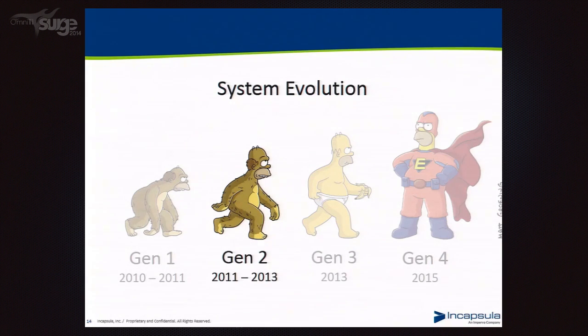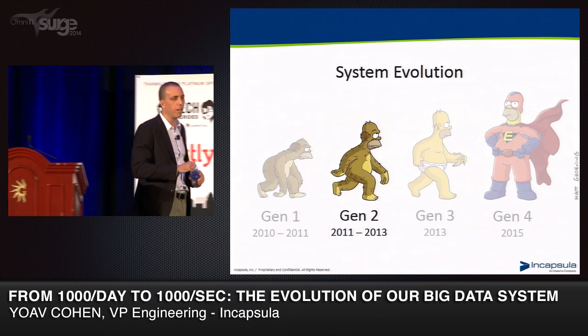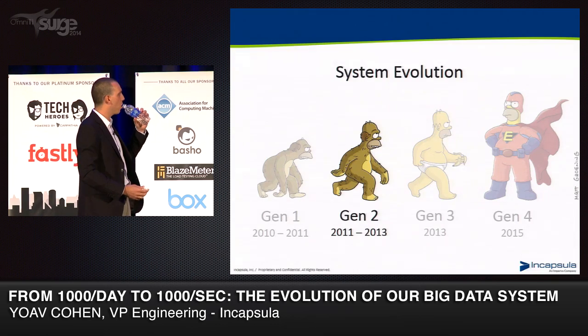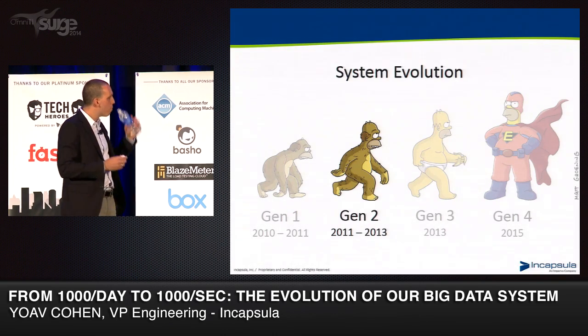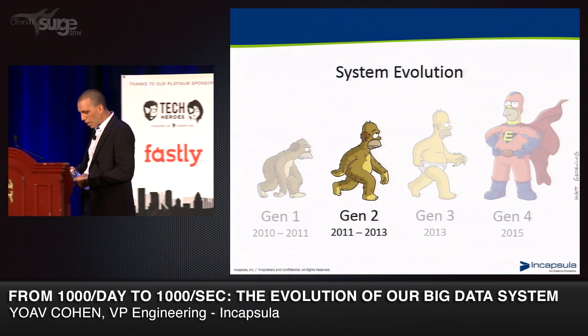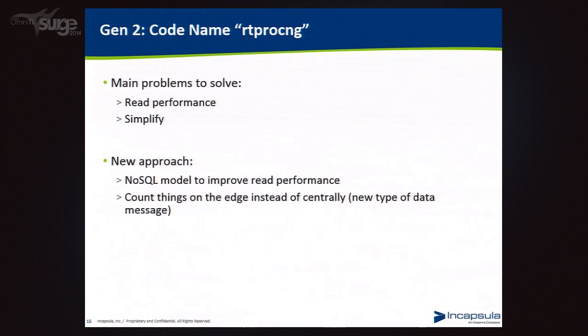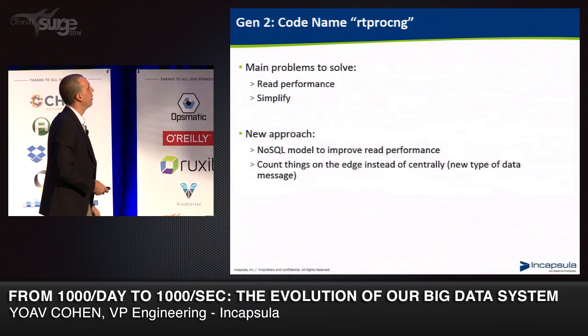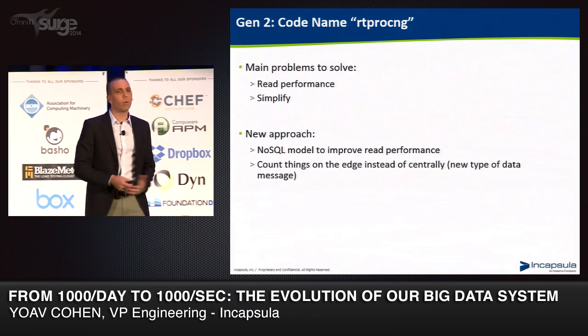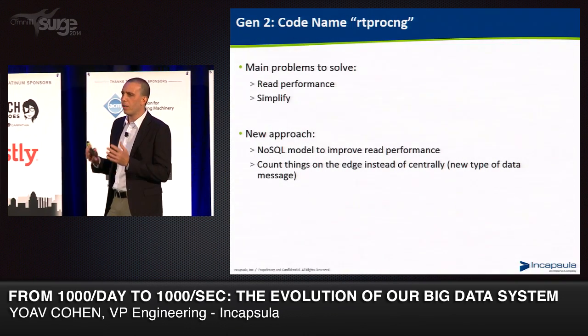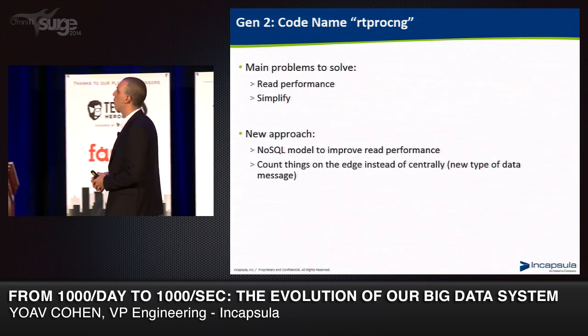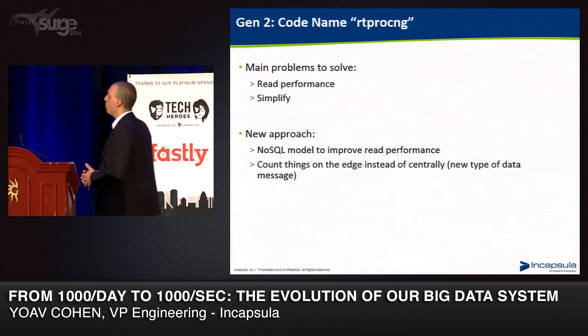So this brings us to the second generation. The first one, which I didn't mention, was codenamed rtproc, for real-time processor. So this is the next generation. And the main problem that we wanted to solve is to have a better read performance, because we had a very big problem with reads.